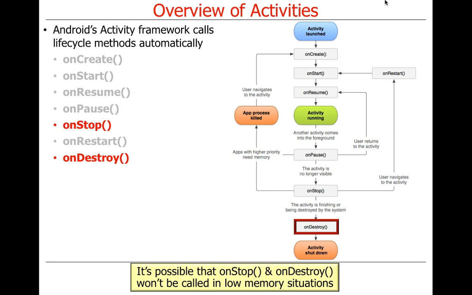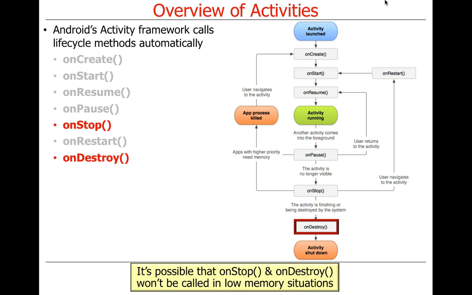Now, keep in mind the following. This is very important, and it's very confusing at first, and it seems sort of bizarre. onStop and onDestroy may not actually be called because the low memory killer may target your activity's process for termination and just shut it down.